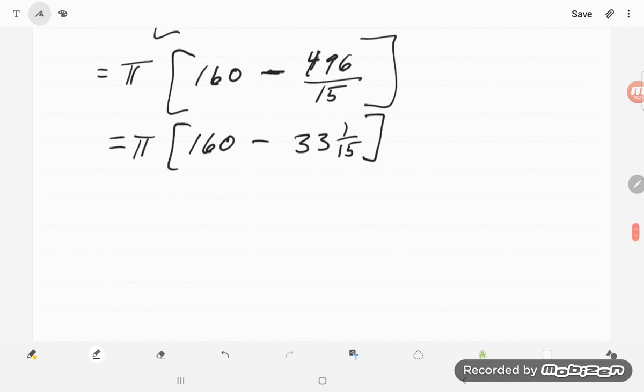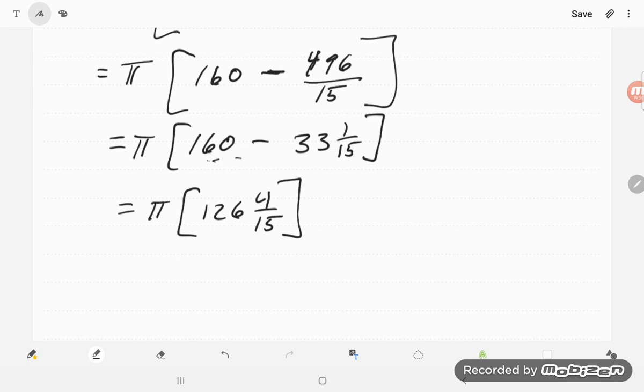So that makes it a little bit easier. So I've got pi times 160 minus 33 and a 15th. Well, that's 160 minus 33 is 127. So it's 126 and 4/15. Okay, so unsatisfying, but that's what we have.